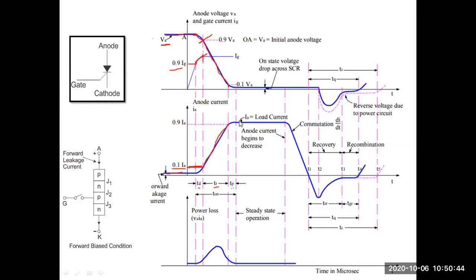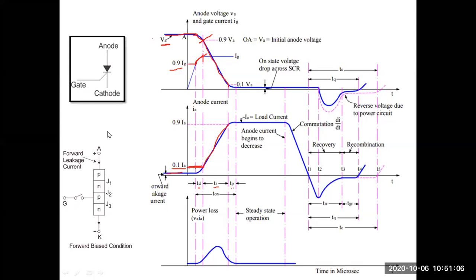So what is going to happen here when the gate current is applied? Earlier, the voltage is applied between the anode and cathode, so it is in blocking state.